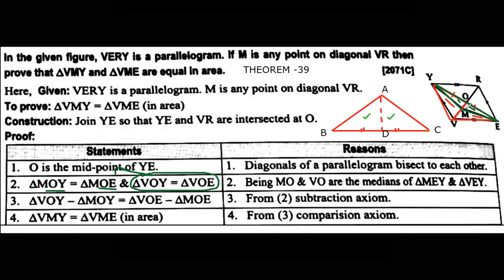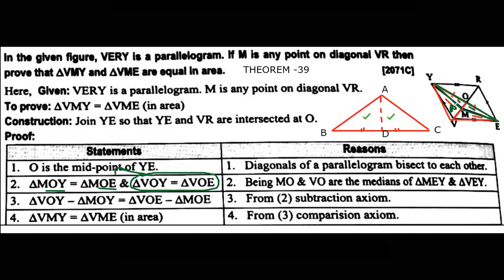यसरी equal भयो भने अब हामीलाई प्रुफ चाहिँ के गर्नु भनेको छ त. Suppose this big triangle was 10 and this small triangle is 2. So 10 minus 2 is 8, and 10 minus 2 is also going to be 8.